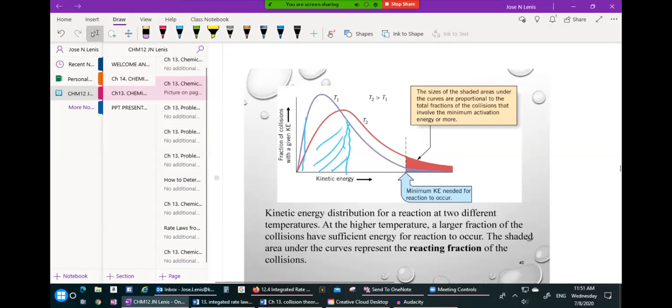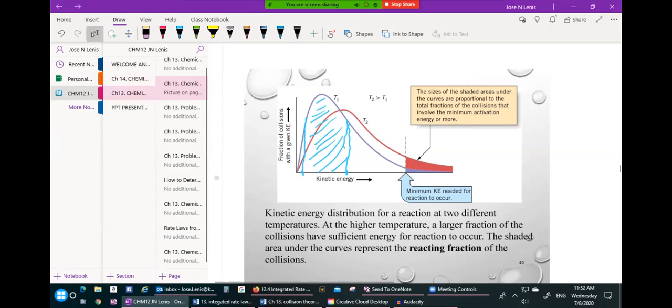This area, the blue area, the area under the curve for T1 in this range of kinetic energy, shows the number of particles having that average kinetic energy. Most of the particles are under the area of this curve. At that temperature, there are very few molecules in this area.